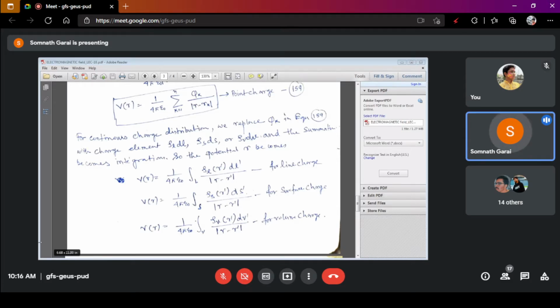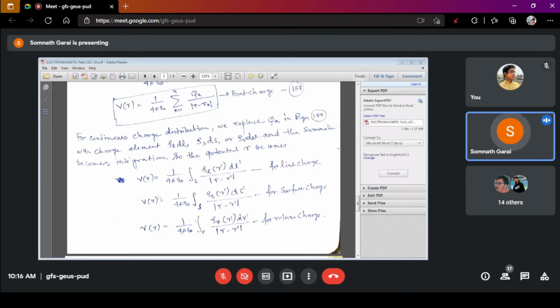That's why this equation number 159 is converted to V of r equals 1 by 4 pi epsilon naught line integration of rho_L of r', dl' divided by mod of r minus r'. It is for line charge.